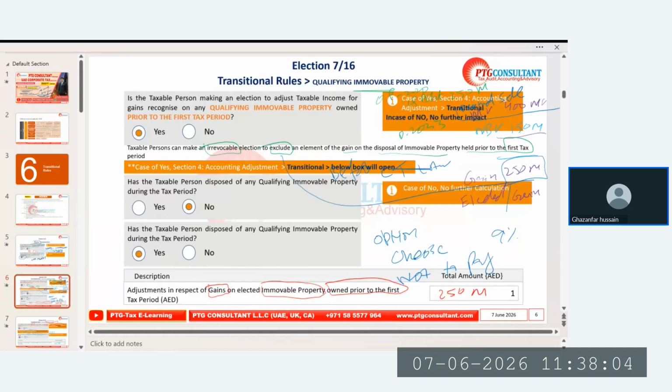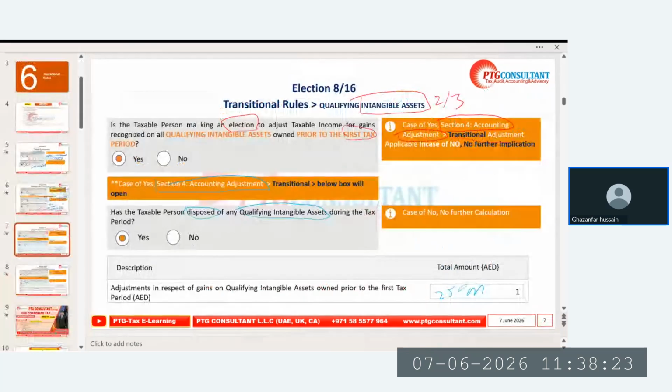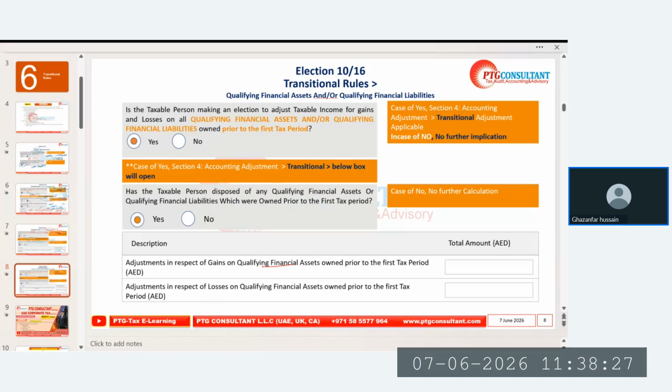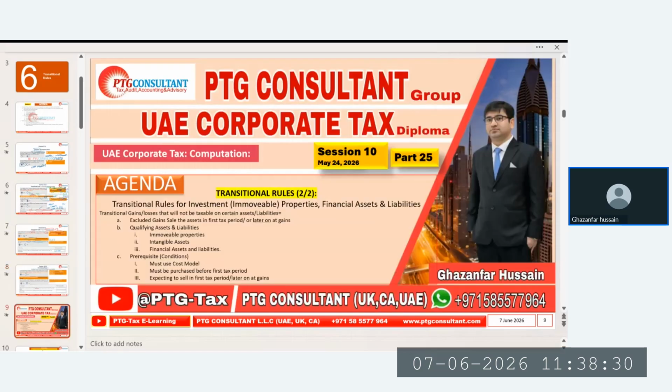All the cost model properties are already considered here, that whoever owned them prior to the first tax period, the immovable property and the gain on it. The second important part, the transitional relief, we learned in great detail previously.